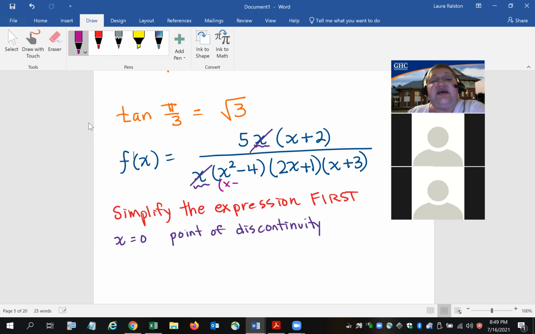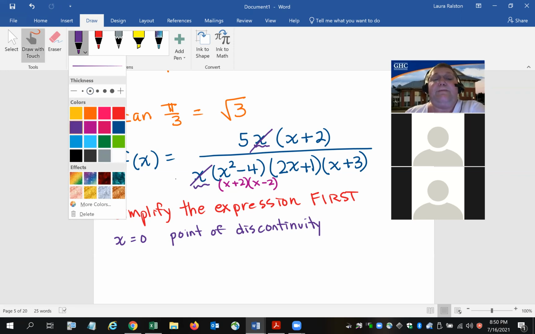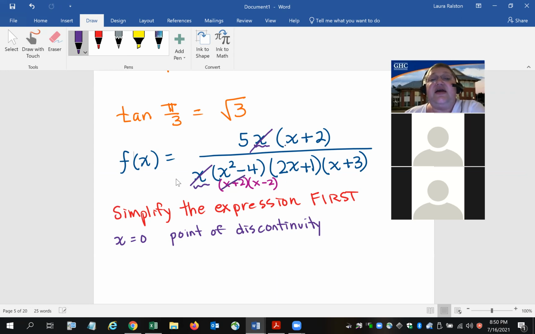It factors into x plus 2, x minus 2. Then I notice I have the x plus 2 in the numerator and the denominator. So I would have a point of discontinuity at x equals negative 2.